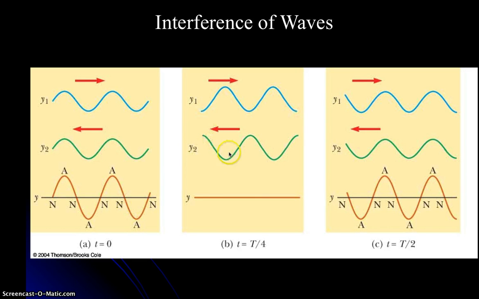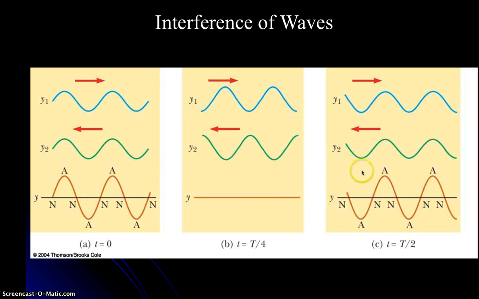While this second picture shows you something completely opposite, where these two waves are doing exactly opposite things at the same time, and therefore, because this has a trough when this has a peak, when you add them together you get no disturbance or no wave, and this is called destructive interference.